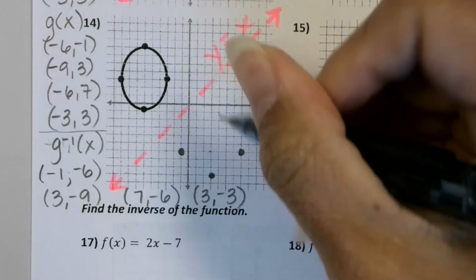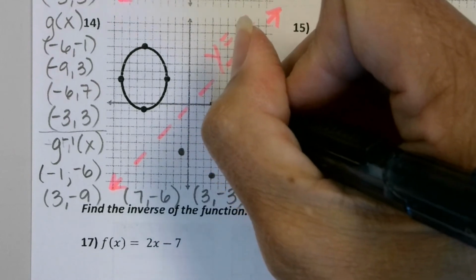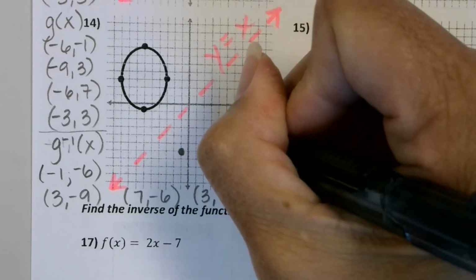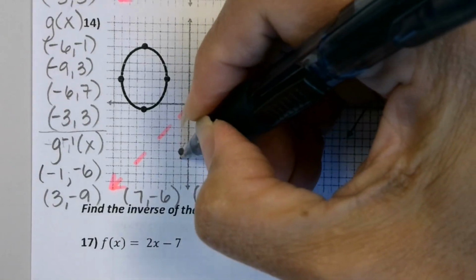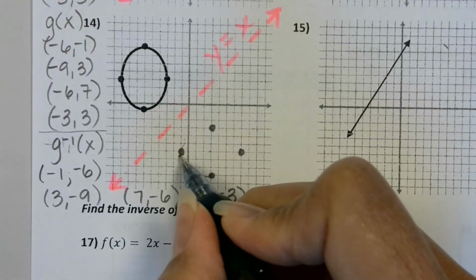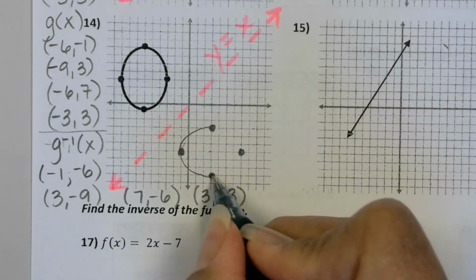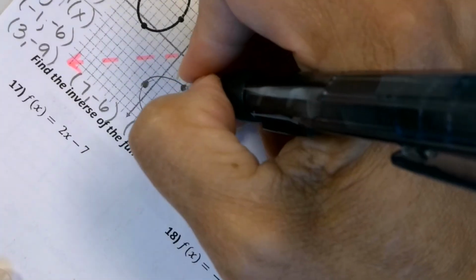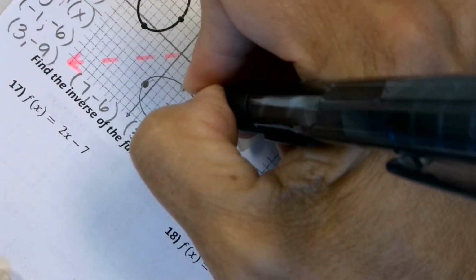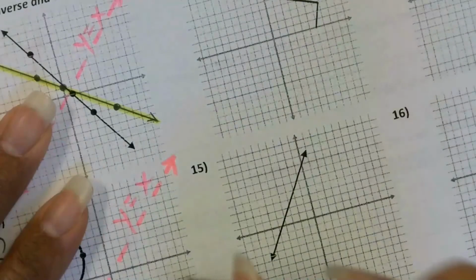And then 3, -3. 1, 2, 3. 1, 2, 3. So I can see my oval shape. See if I can draw an oval at a good angle here. I'm trying. Let me twist my paper a little bit. There we go. It's the best I can do.